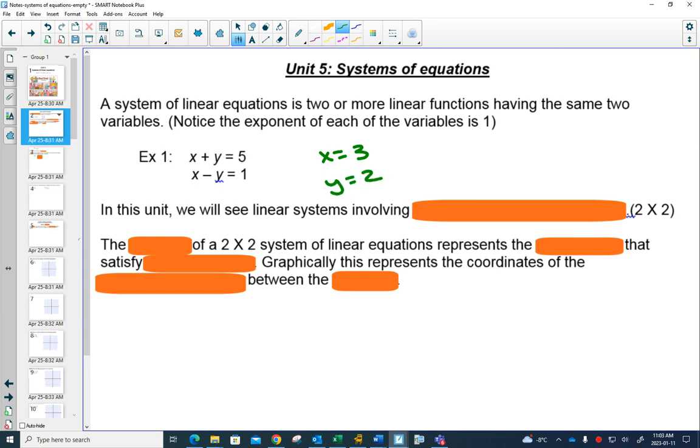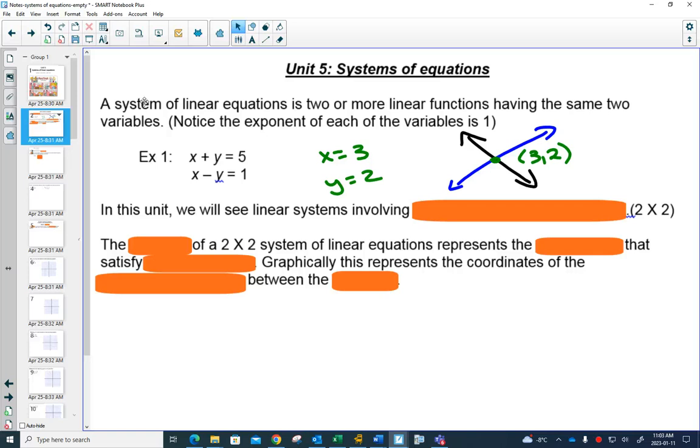So what this means is that if you drew these up, one of them would be a line like this, the other one would be a line like this, and both of them happen to intersect at 3, 2. That's what's happened.